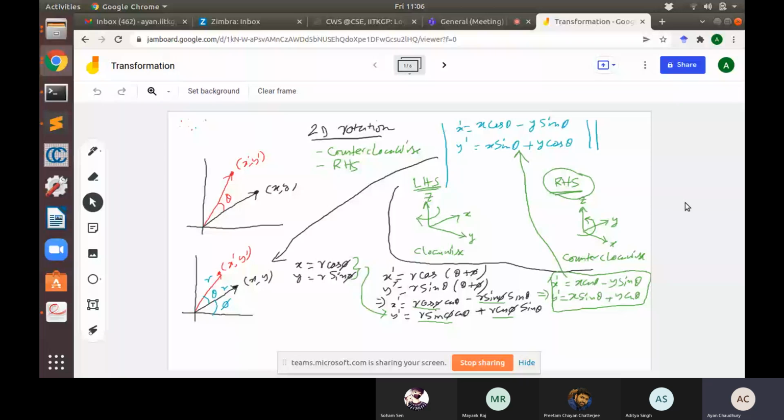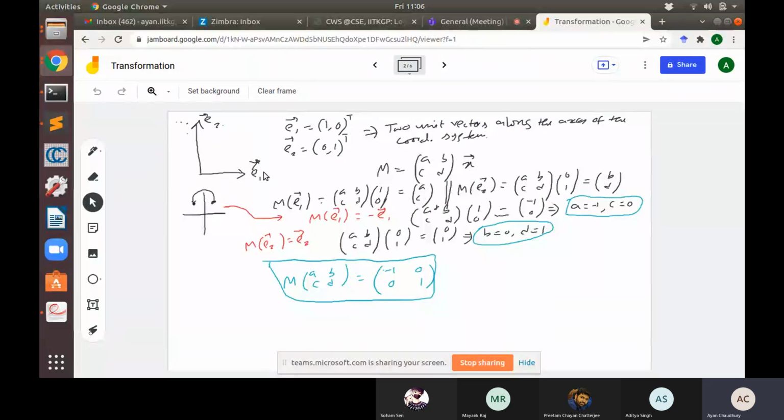So we have seen how to compute the rotation matrix for the case of 2D and 3D, and here we use some basic trigonometric formulas for deriving the rotation matrix, and I was showing you how to transform the unit vector along the axis, so that we can have any transformation that we want.